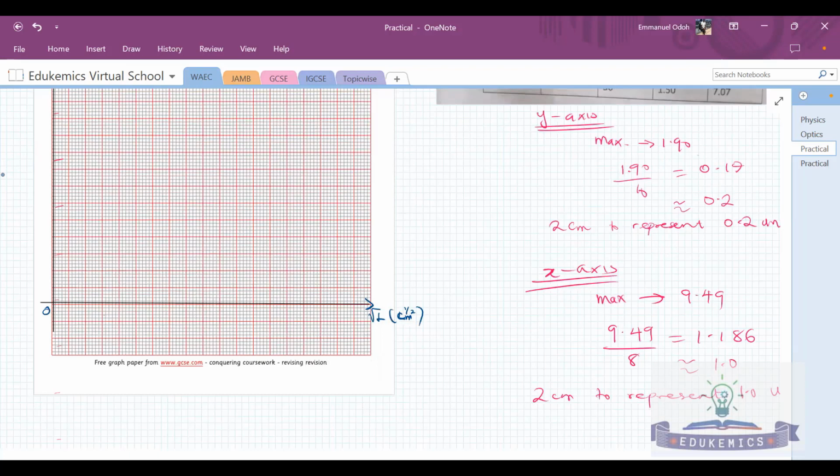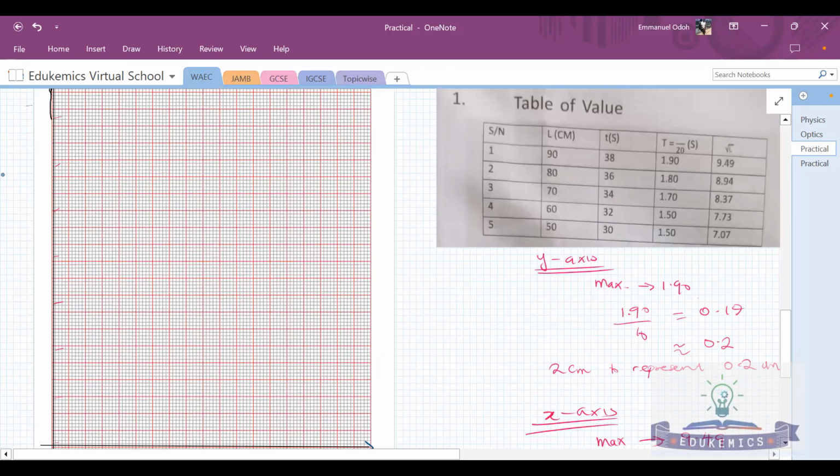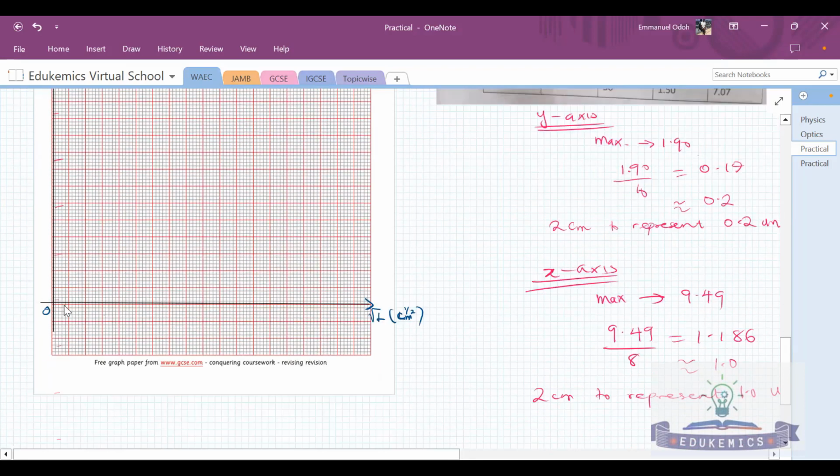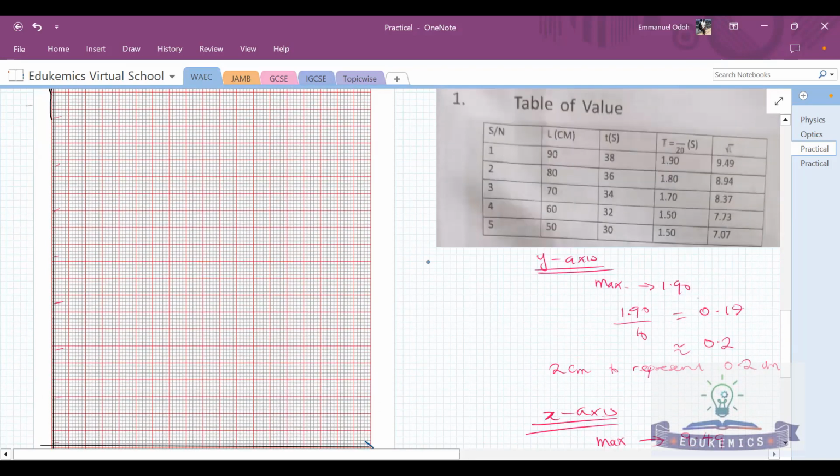So let's start getting our points. Since for 2 centimeters we have 10 tiny boxes, that means for the y-axis, the tiniest box is 0.2 divided by 10. That's 0.02 each tiny box.